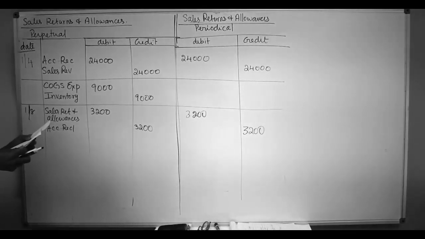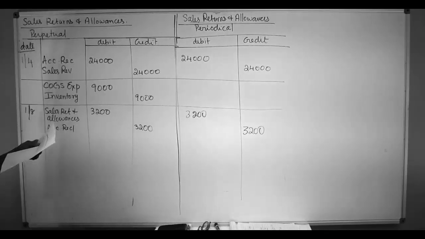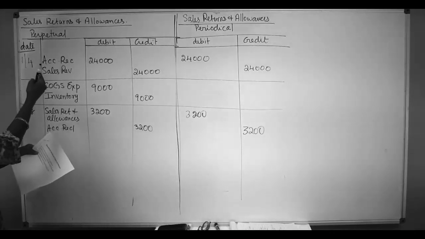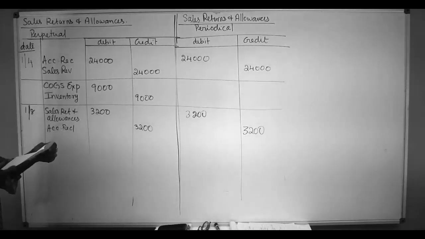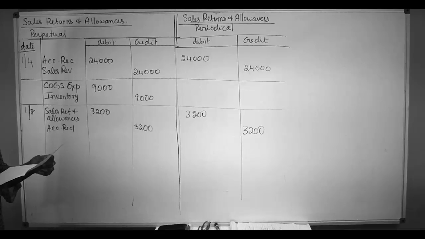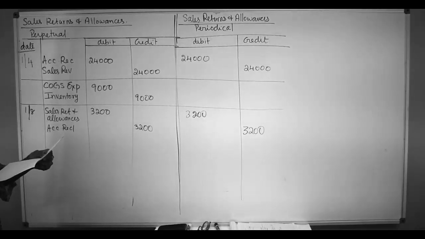Now, remember, the inventory is coming back, okay? So the merchandise coming back, the inventory increases. Under the perpetual, you have to update the inventory. So these televisions, the cost was $300 per television. 4 televisions are coming back. So 4 times 300, 1,200.